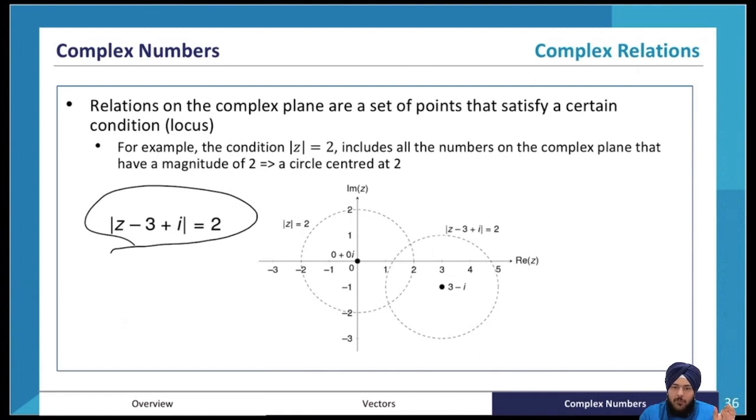From the center, we're moving 3 units to the right and 1 unit down. So that is now a circle centered at 3 minus i, or in terms of coordinates, (3, -1). That is now our complex relation. So this is the circle over here.